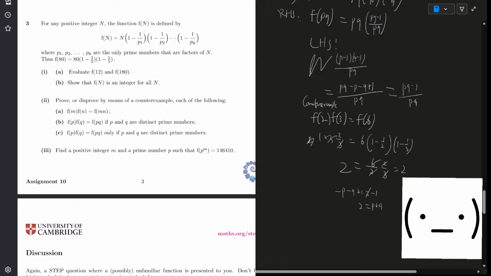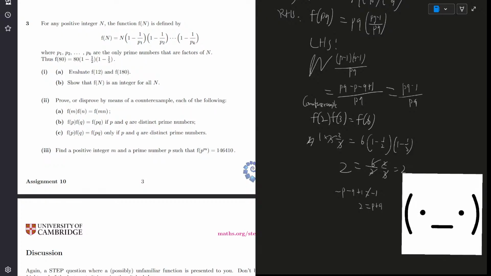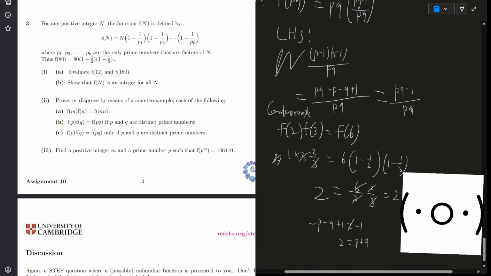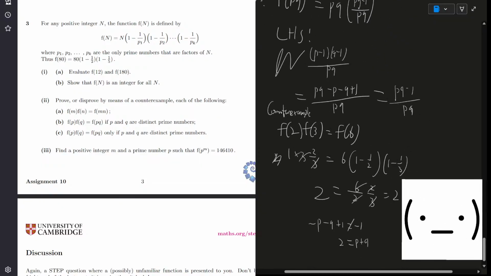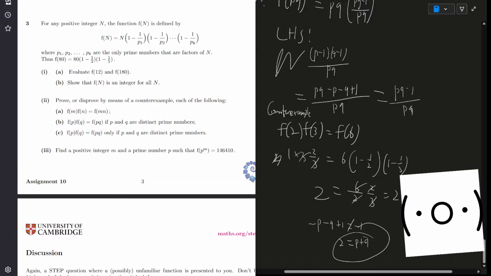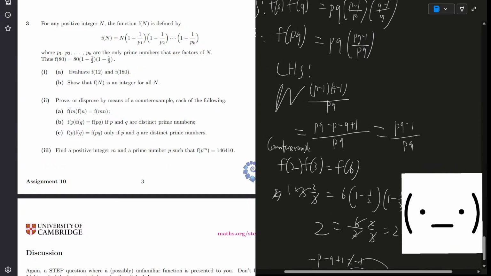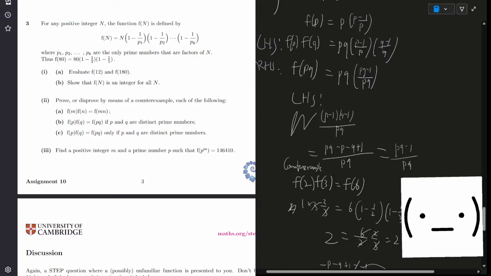Yeah. So for the left-hand side and the right-hand side to equal each other, this has to be true. And this is evidently not true for 2 and 3. So, hmm, difficult.